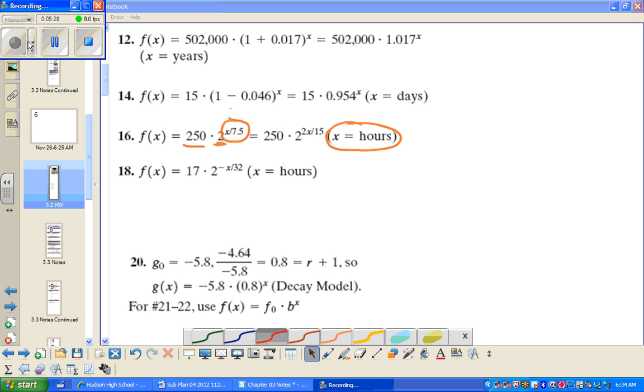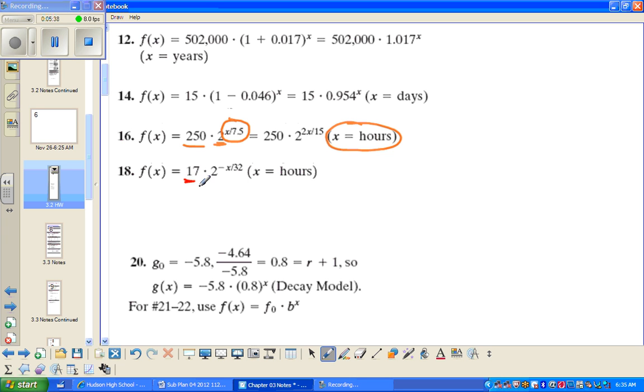Number 18, what might have been tricky for that is, again, not the initial value, because they tell you the initial mass is 17 grams, so that shouldn't have been an issue. But then it says it's halving every 32 hours. Well, halving is the same as cutting in half or losing 50%. So what's tricky here is they put a negative here for your answer.